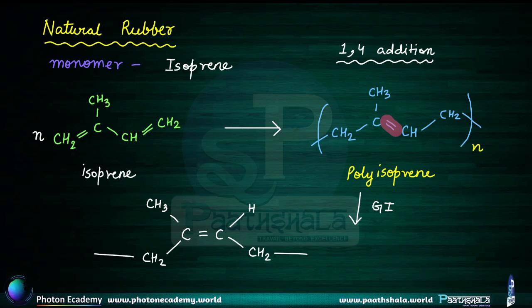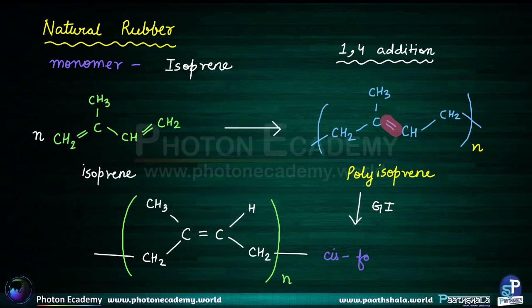Now this, when we repeat it n number of times, is actually the cis form of polyisoprene, and we can say that the cis form of polyisoprene is natural rubber.